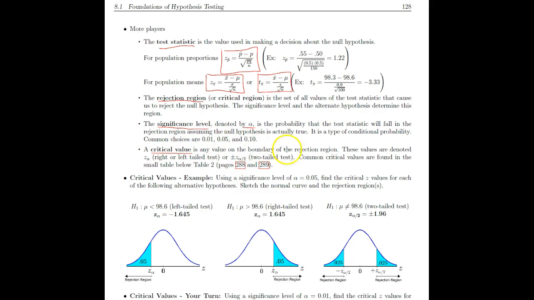Think of a critical value as like the 1.645, the 1.96, and the 2.575 that we learned about before. Those kind of z-scores that cut off the 90, 95, and 99% confidence intervals. That's basically what a critical value is.